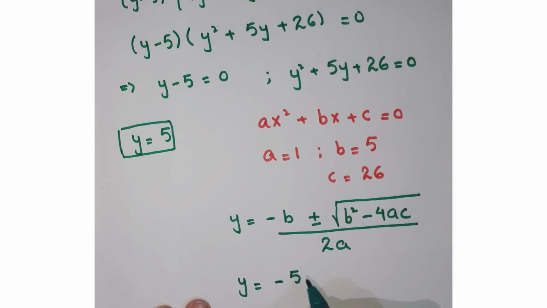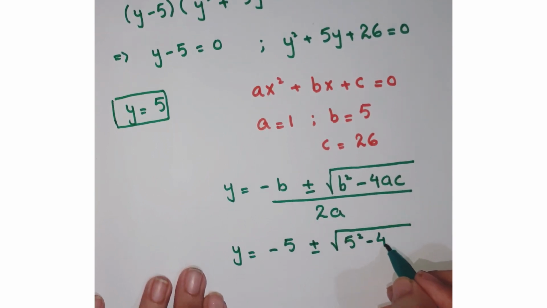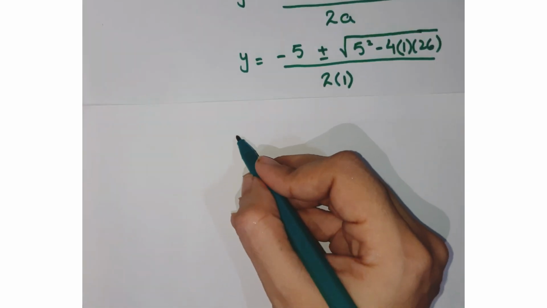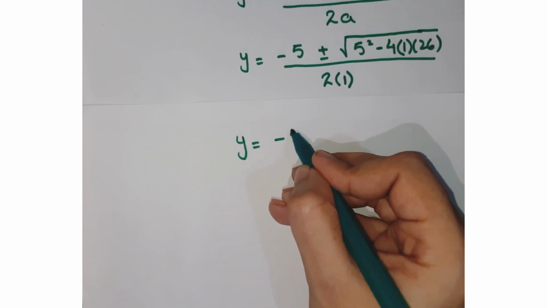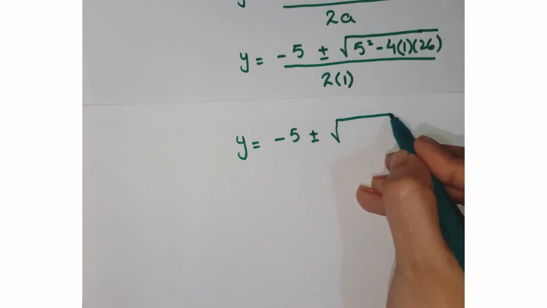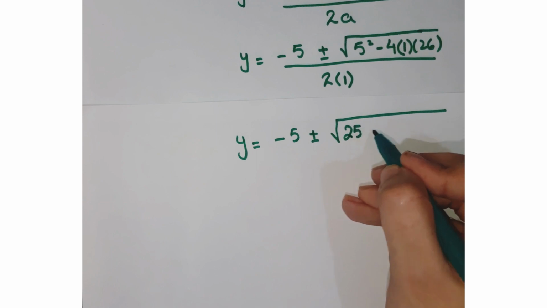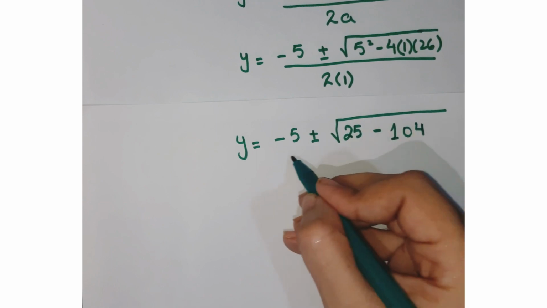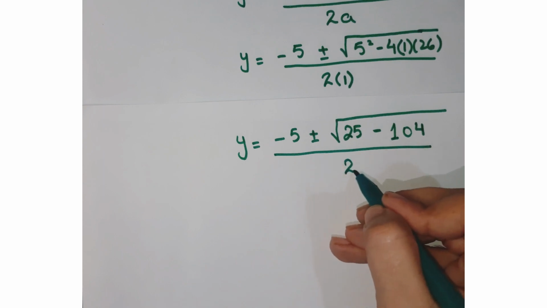You get minus 5 plus minus under root b square minus 4a into c upon 2 into a. Further you can simplify it as minus 5 plus minus under root 25 minus, here you get 104, upon 2.